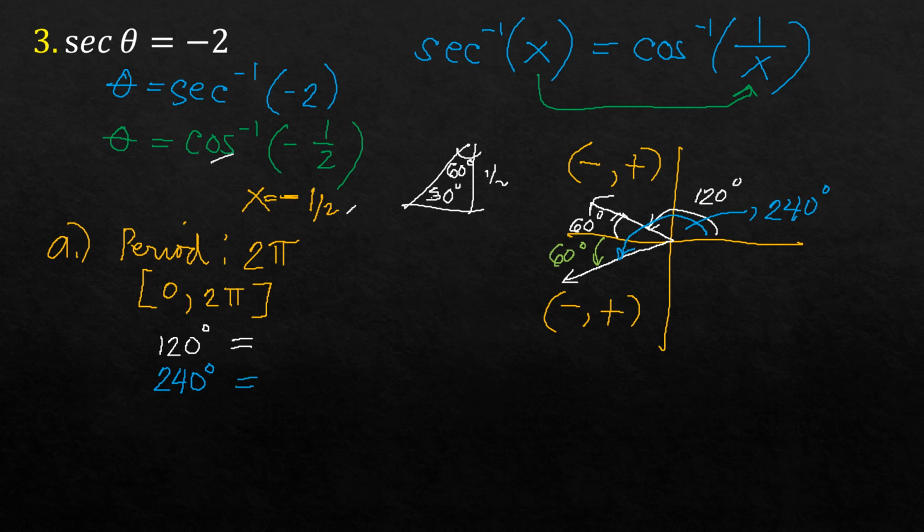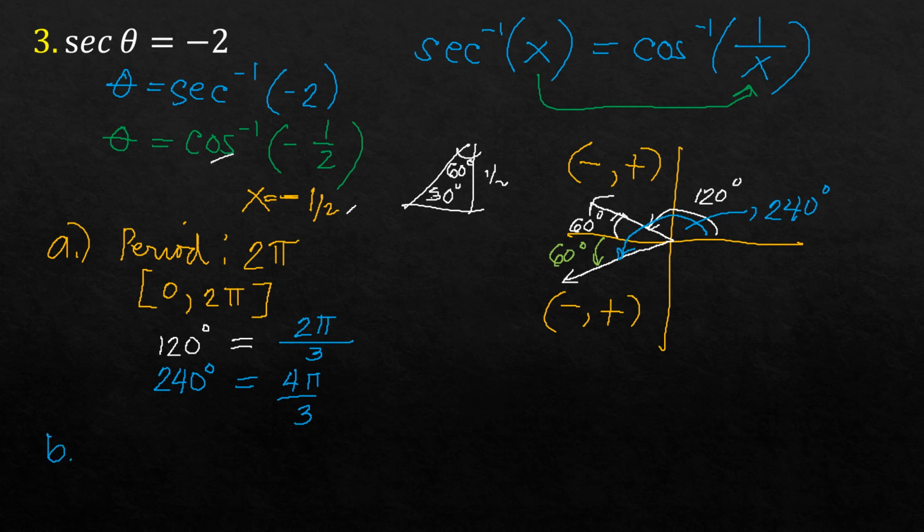Convert these two in radians. 120 degrees divided by 180 will give us 2 pi over 3 in radians. For 240 degrees in radians, that is equal to 4 pi over 3.